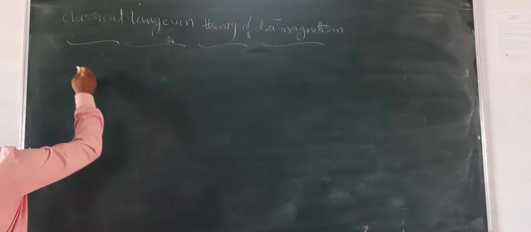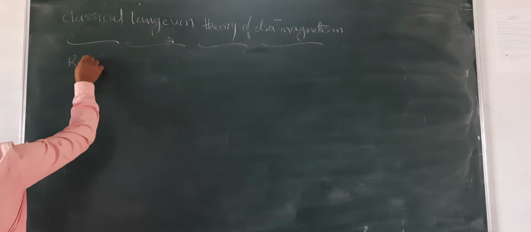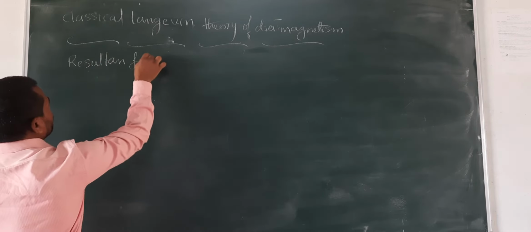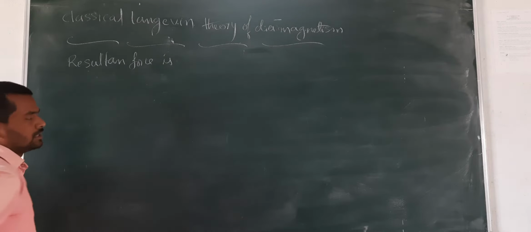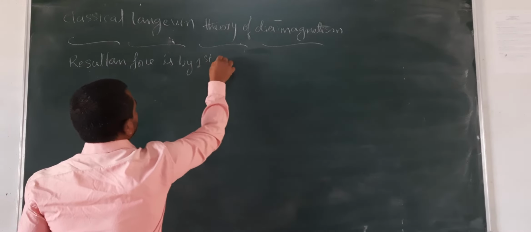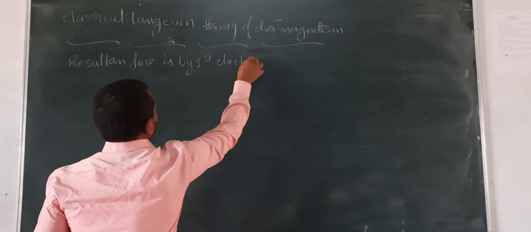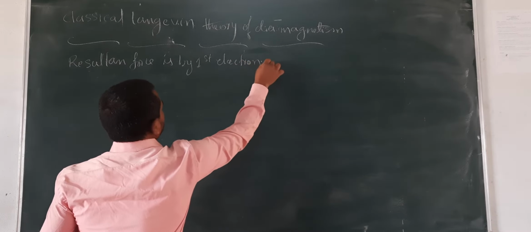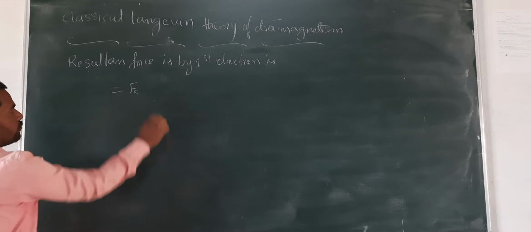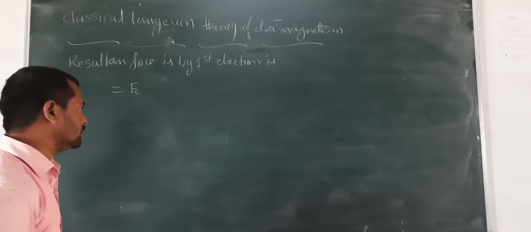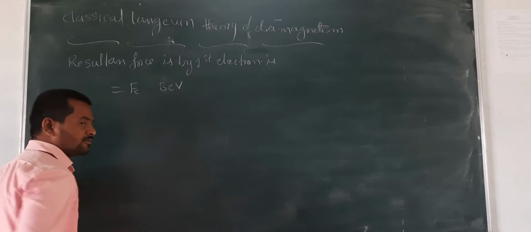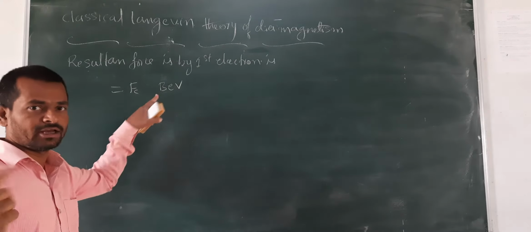Here, Fc is the force exerted by the nucleus and BeV is the force exerted by the magnetic field.